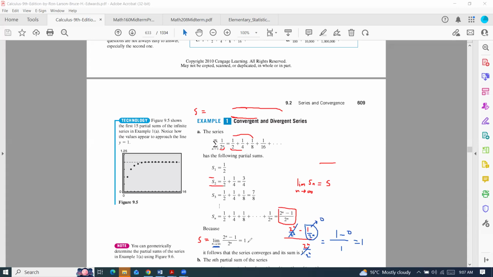Please notice they skip steps, and that's standard for calculus textbooks when they give explanations. So they expect you to fill the gaps. So anyway, the sum of this series is 1. And turns out it's very powerful to be able to see what the sum is, because usually we say the sequence of partial sums converges, and that's good enough for us to conclude what the sum is.